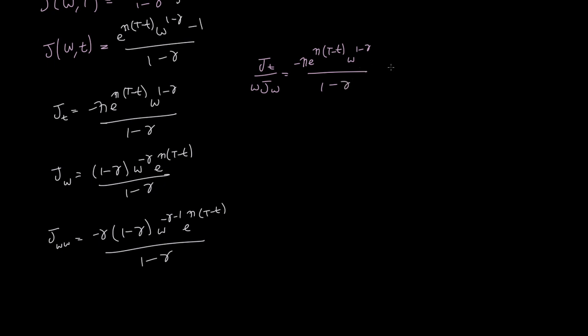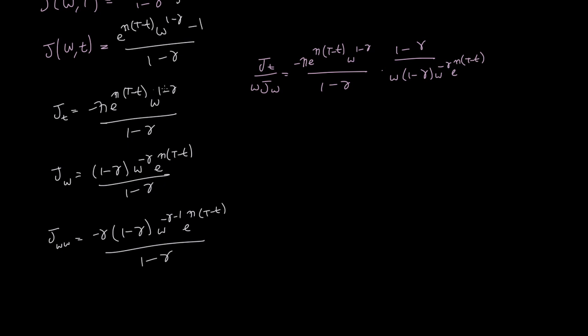For W J_W, I'm going to write this as multiplication by the inverse, so we have a 1 minus gamma on top, and then W, W^(-gamma), e^(eta(T-t)).